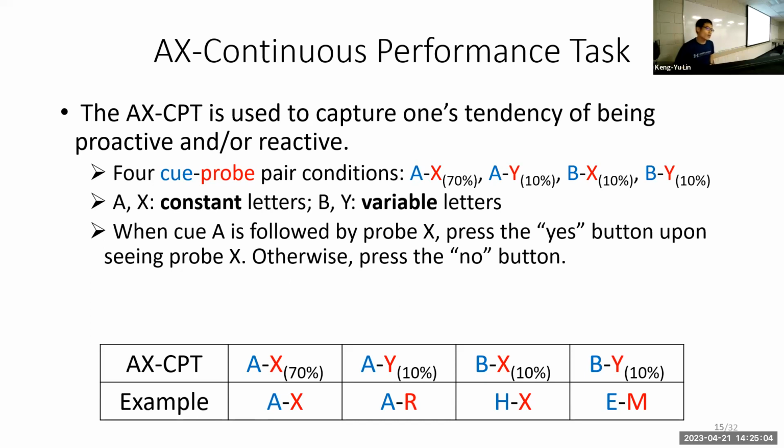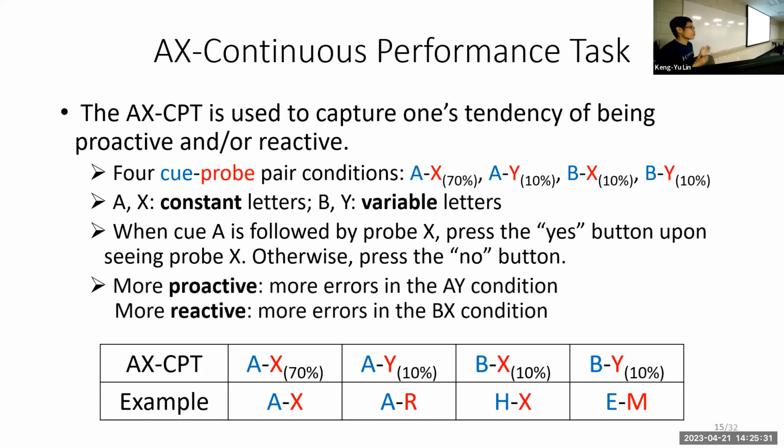In the typical AX-CPT task, there are more AX trials. It accounts for 70% of the trials, so that it will bias participants to expect probe X when they see Q A, right? Participants get used to that, and when they see Q A, they are going to expect probe X during the experiment.